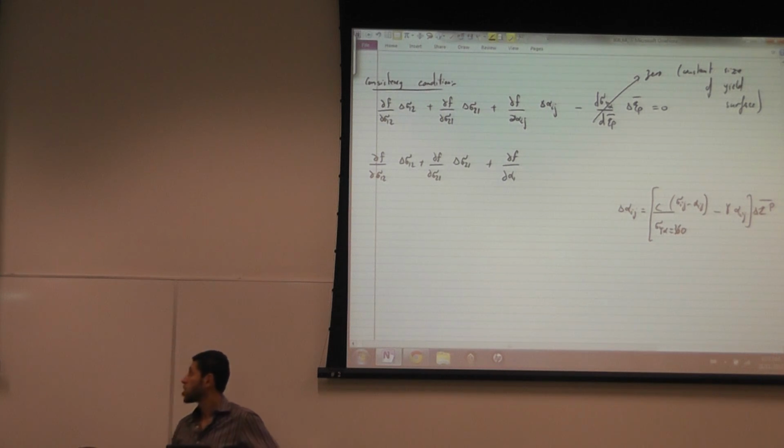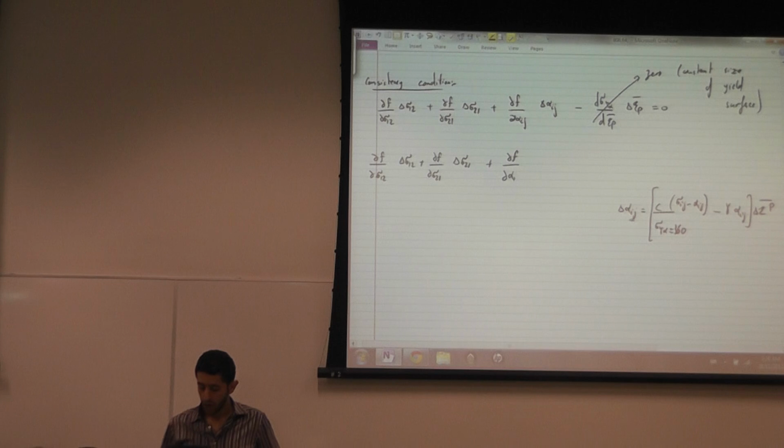Initially, all the alphas are zeros and all the stresses are zeros, and after that, the only stresses that develop are sigma 12, so the only ones that will develop will be delta alpha 12. All the other alphas will not change because they're only functions of sigma ij and alpha ij. Alpha ij's are initially zeros, and all the other stresses are zeros except sigma 11 and sigma 12.